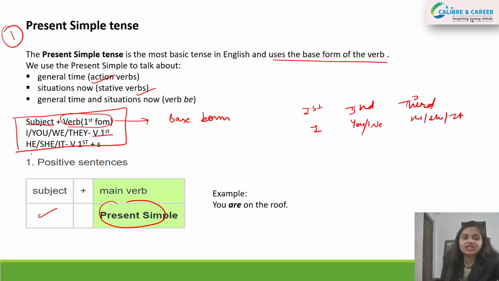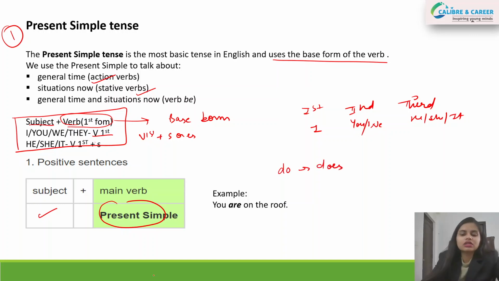But when you are given he, she, it, you will add s or es to the verb first form, depending on the verb. Like if we talk about do, to convert it into s form, do becomes does.